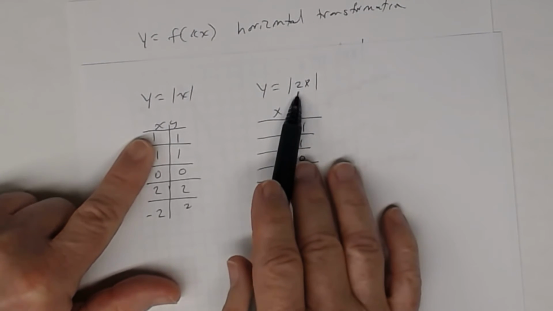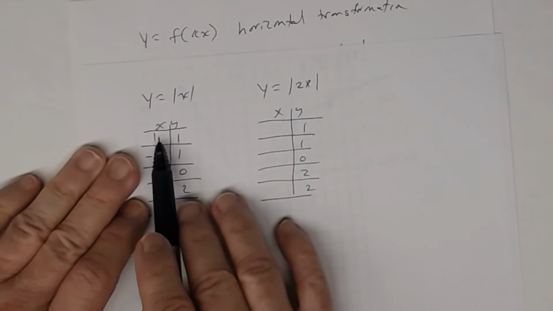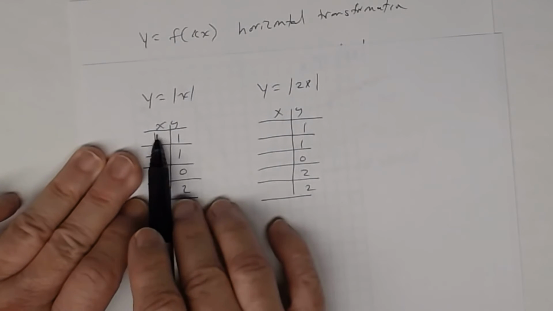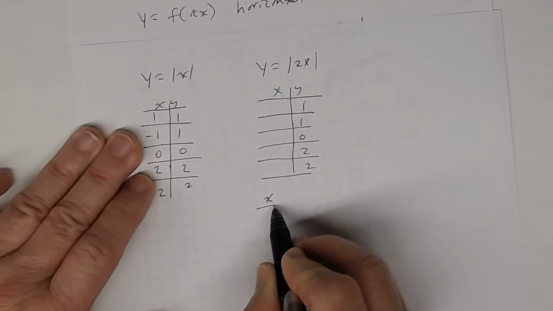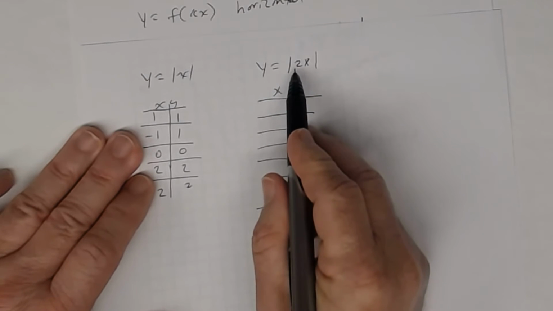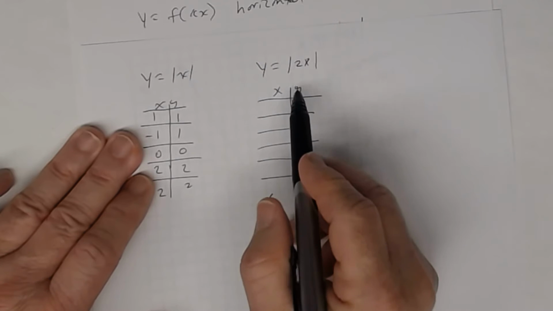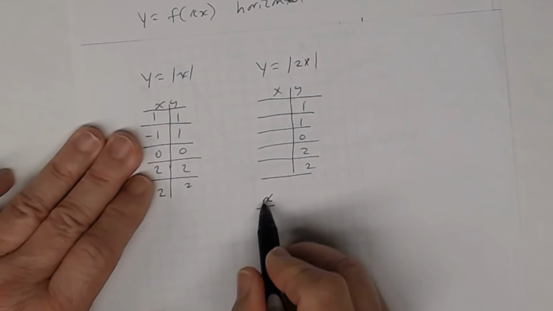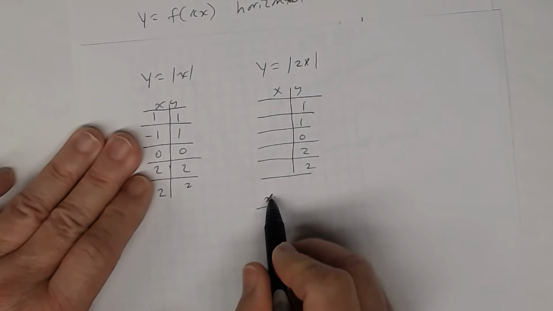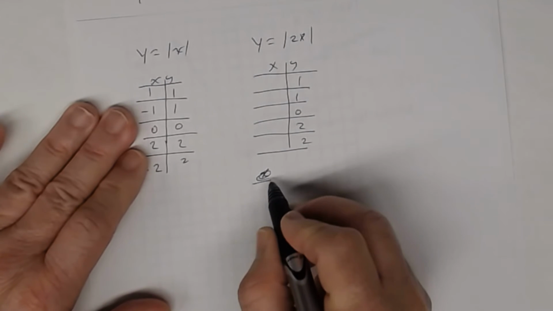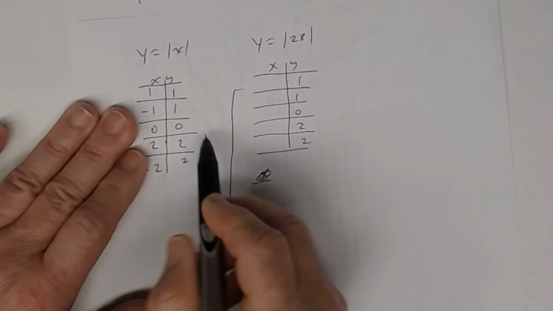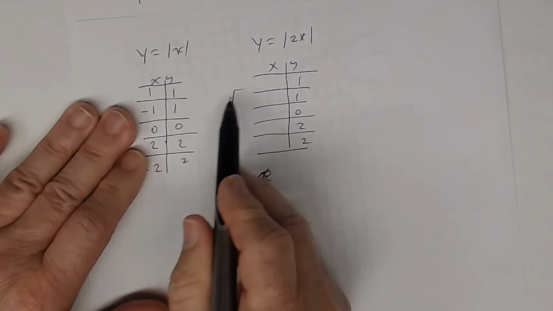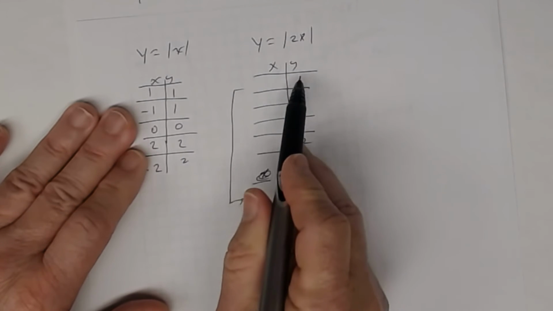When you see the absolute value of 2x, that tells me I'm going to take the x coordinate and divide by k, 1 over k, excuse me. Let me write it like this. To get this x coordinate here, I'm going to take this right here, because that's where the y values are the same.